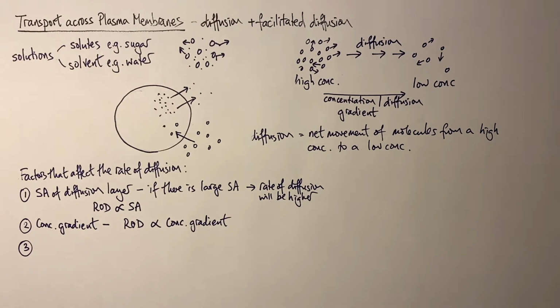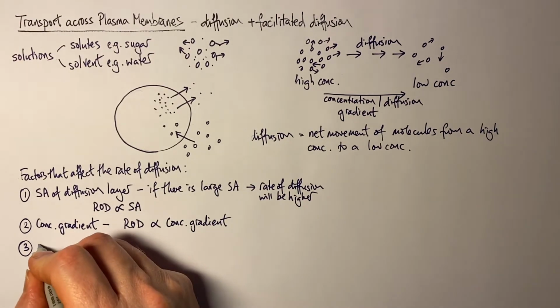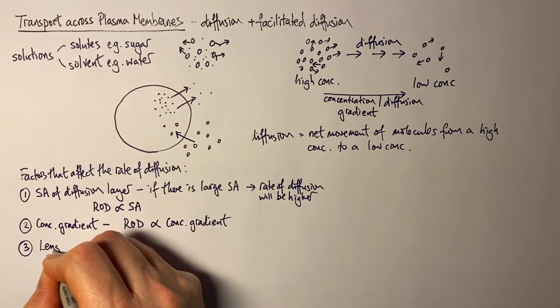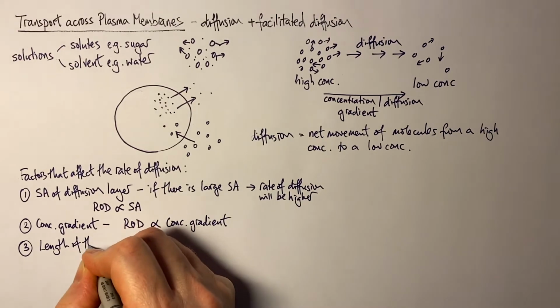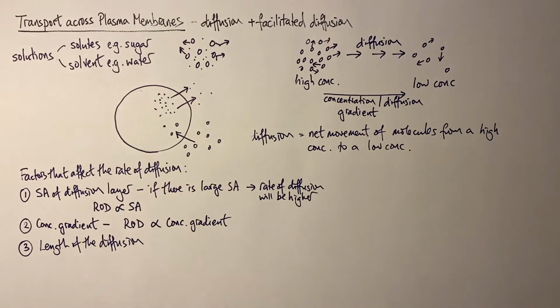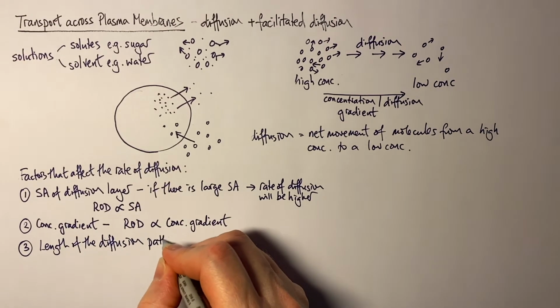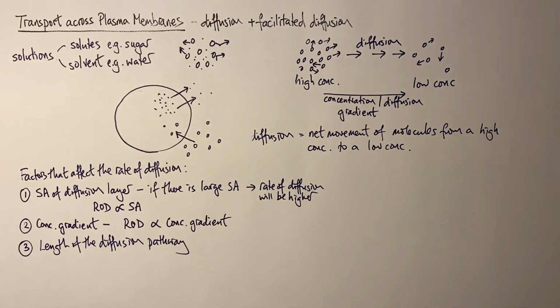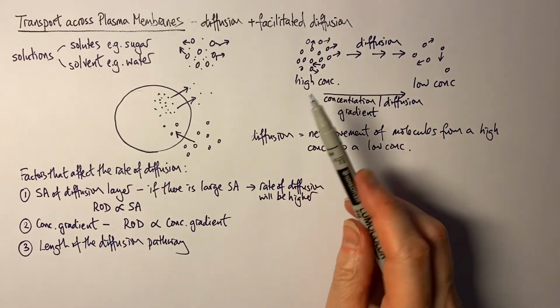The last factor that affects the rate of diffusion is the length of the diffusion pathway, or the thickness of the layer that the molecules have to travel. It's the distance that the molecules have to travel.